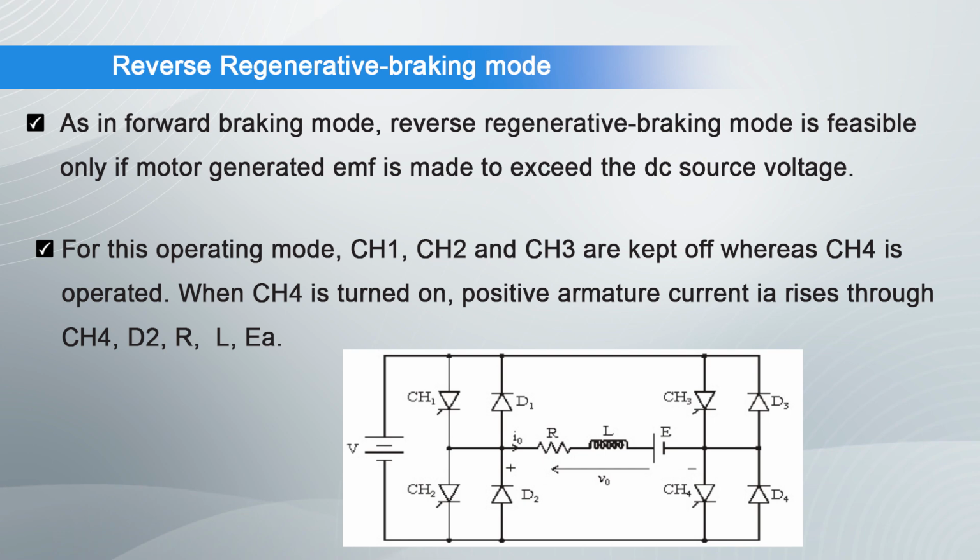When CH4 is turned on, positive armature current IA rises through CH4, D2, R, L and E. When CH4 is turned off, diodes D2 and D3 begin to conduct and the motor, acting as a generator, returns energy to the DC source.